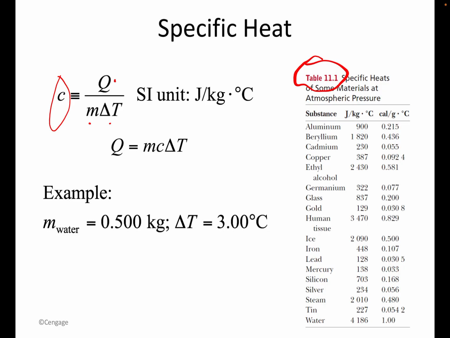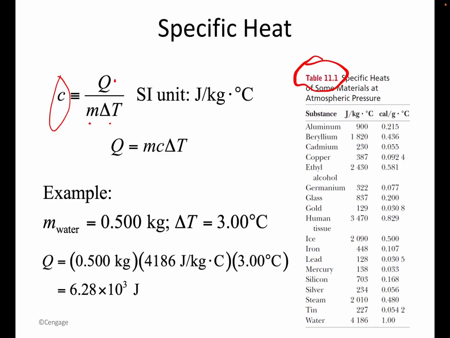Now we can have one example. For example, we have half a kilogram of water. We want to increase the water temperature by 3 Celsius degrees. So the amount of heat we need is the mass of water times the specific heat of water, which we can read from here, 4186 joules per kilogram per Celsius degree, times the temperature range we want, 3 Celsius degrees.